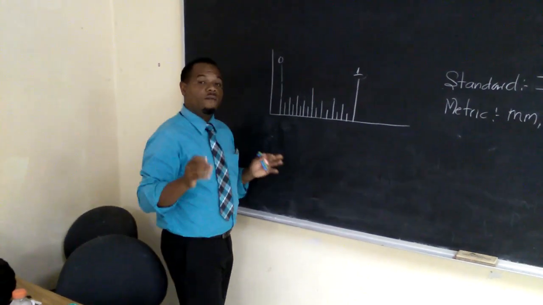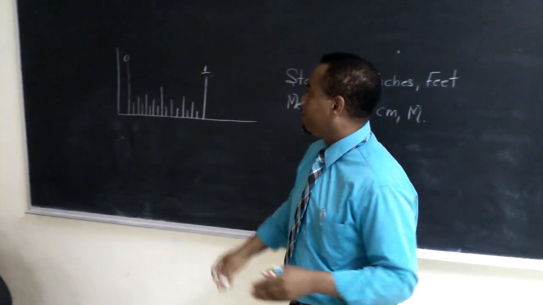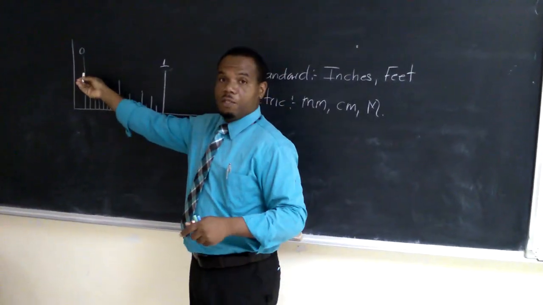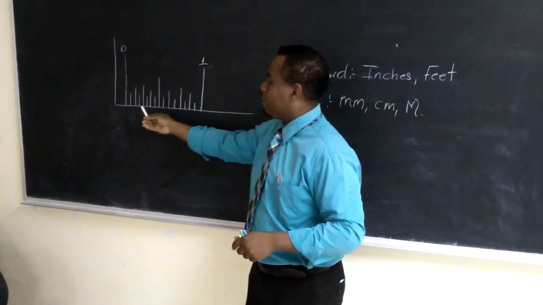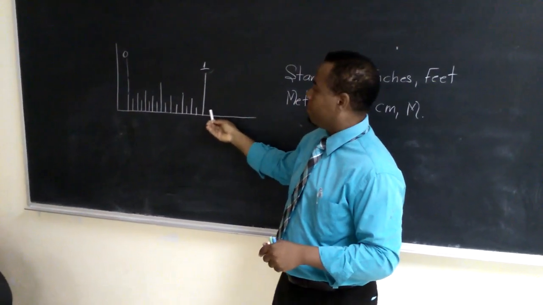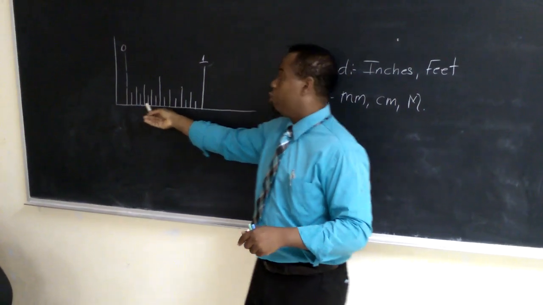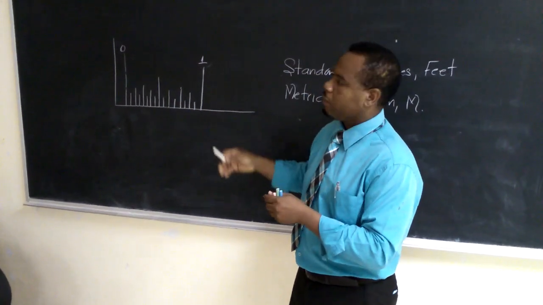So if you take a careful look at your ruler, what you should see, starting from 0, is that there are 16 of these marks here between or from 0 to 1.